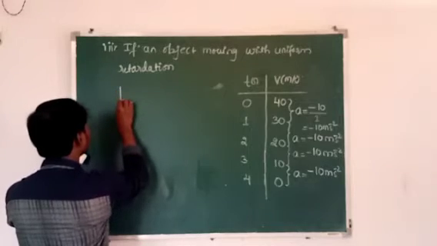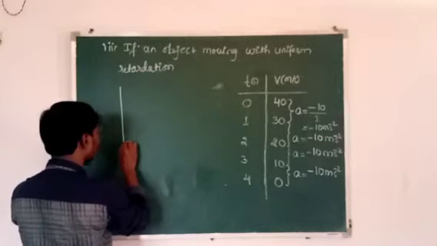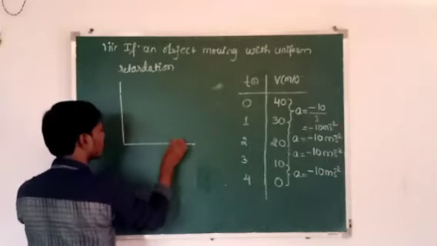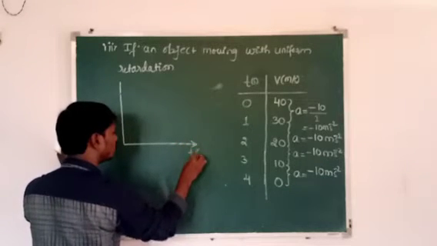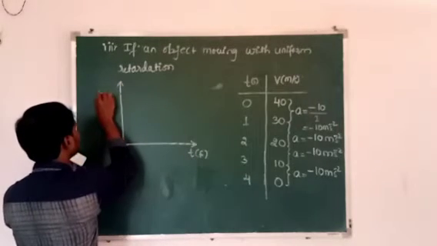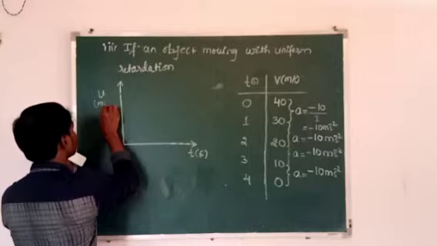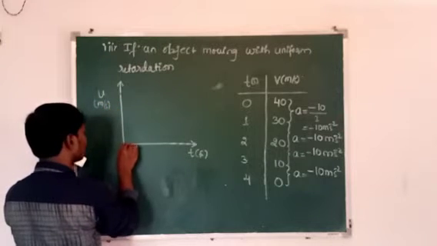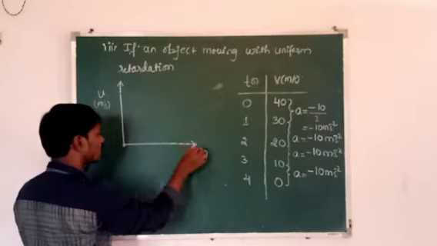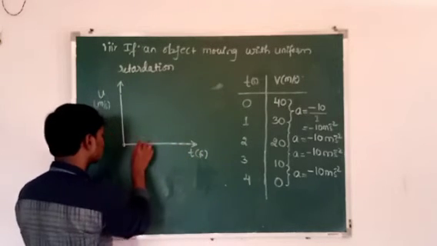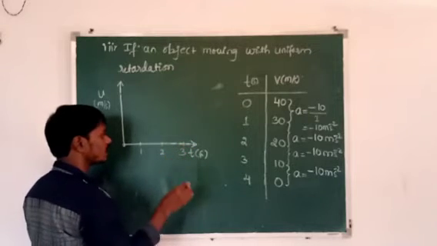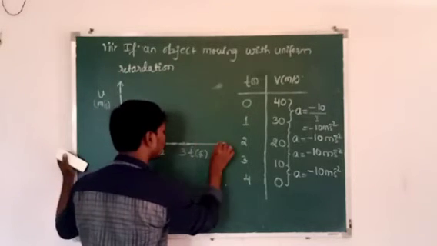So let us consider. Along the x-axis we are going to take the time, that is in second, and along the y-axis we are going to take the velocity, that is in meter per second. Then it is the origin. Along the x-axis we are going to take the time readings, 1 second, 2 second, 3 second and 4 second.